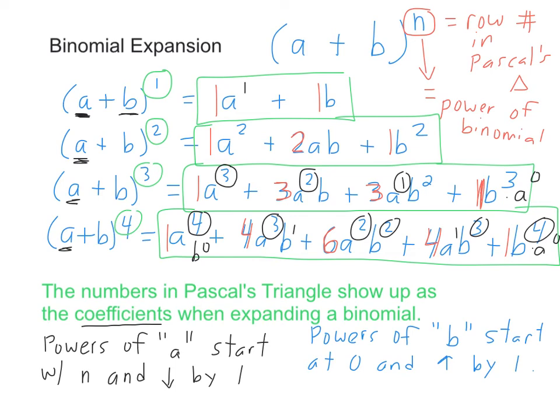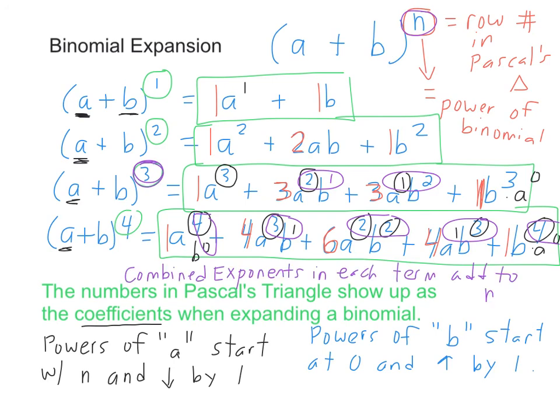And the last observation here: look at these powers and look at what they always add up to. They will always add up to n, whatever the power is for our binomial. So we can capture this by saying the combined exponents in each term add to n.